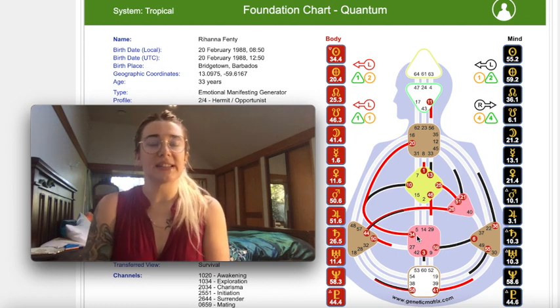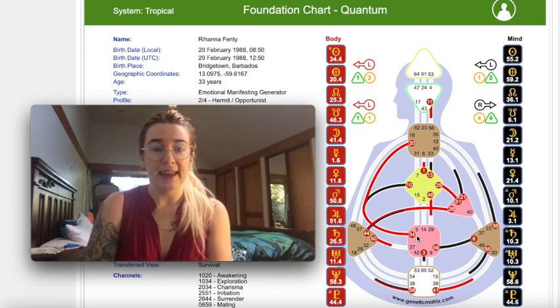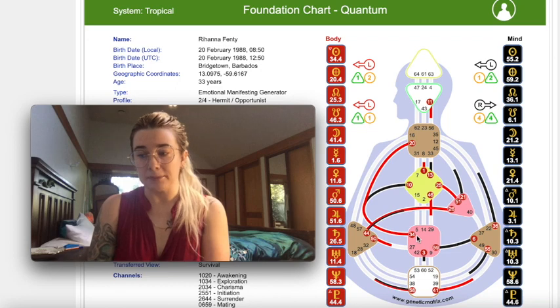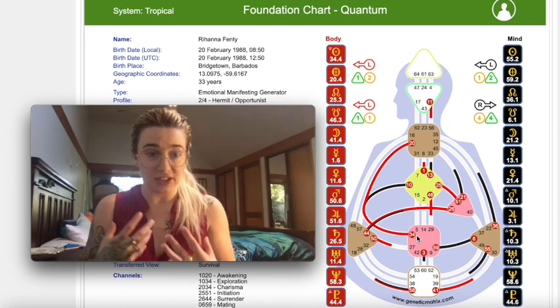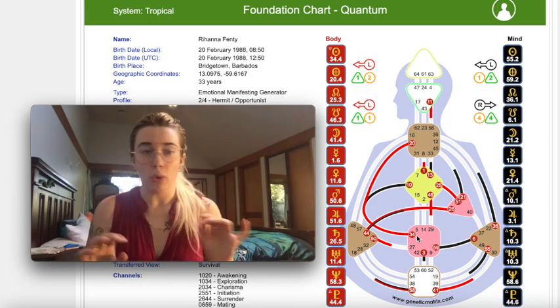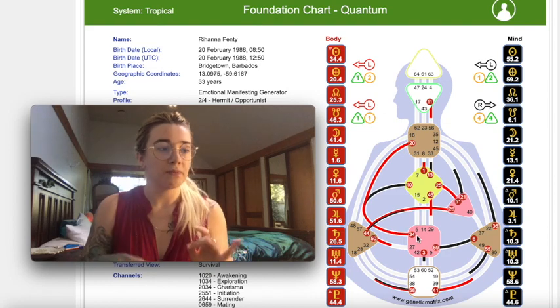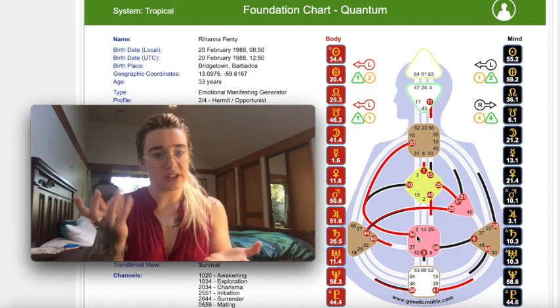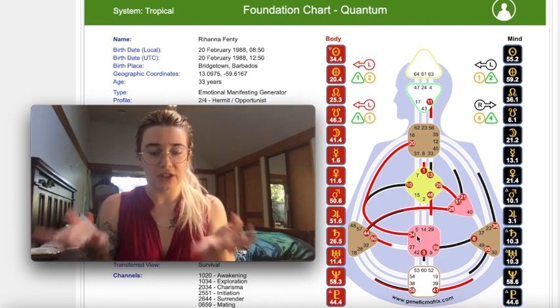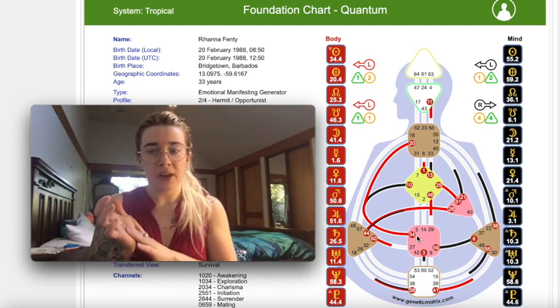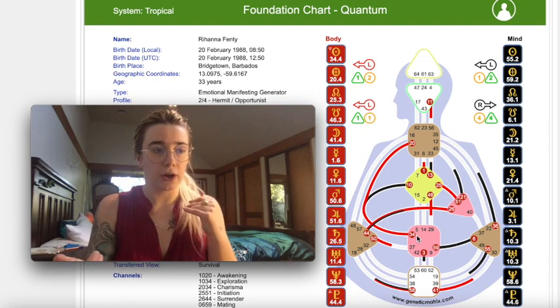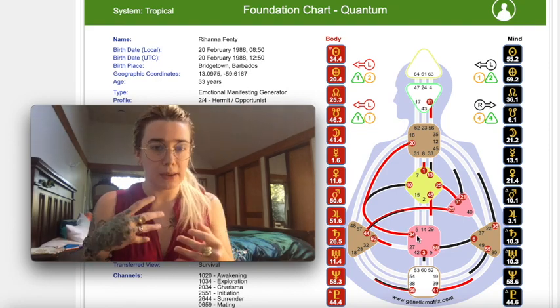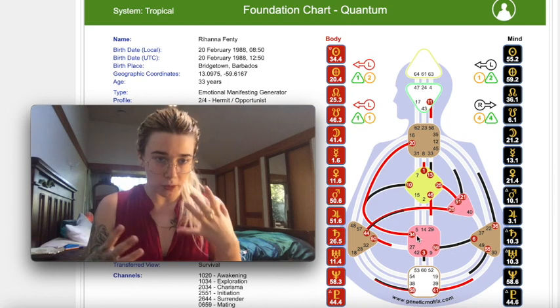Essentially, what this means is that she's a little bit faster. I don't mean that in a good or a bad way. A manifesting generator will be faster, they'll skip steps, and they'll begin more projects.